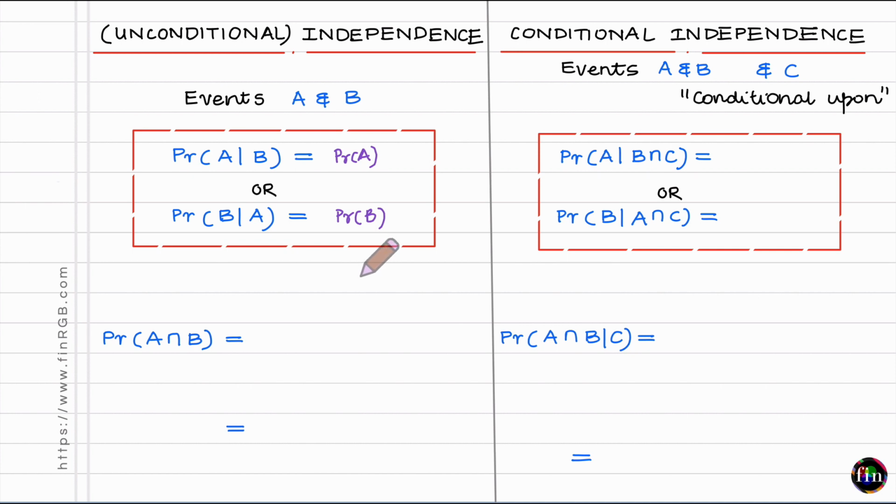Well, there's one more way of expressing the same thing, and that's a way which we love to memorize, and that's in terms of joint probabilities.